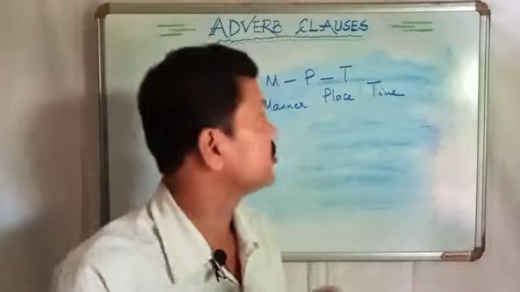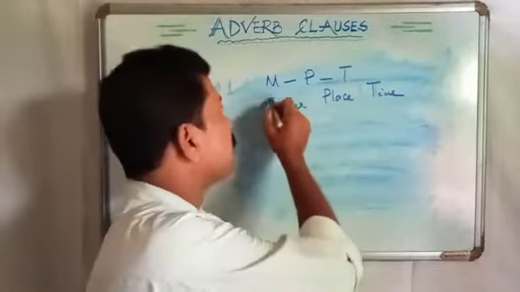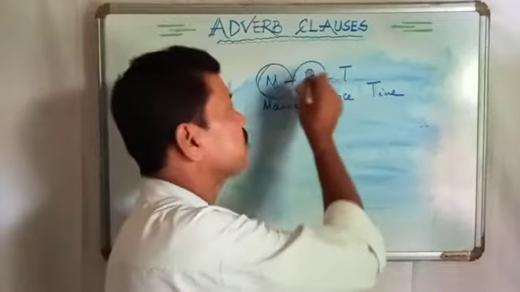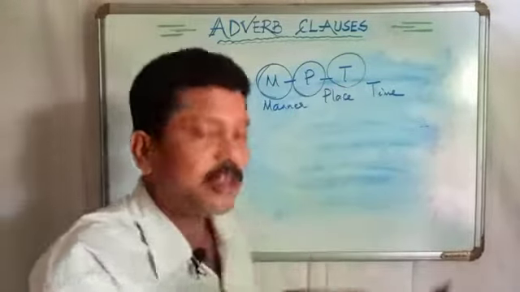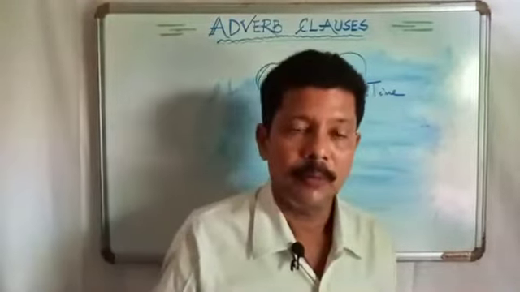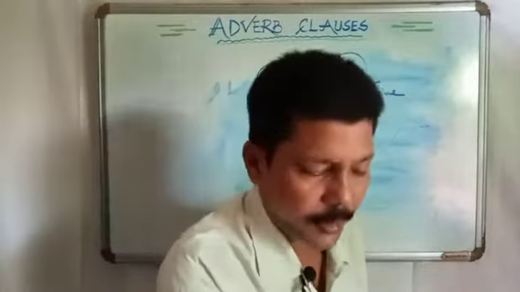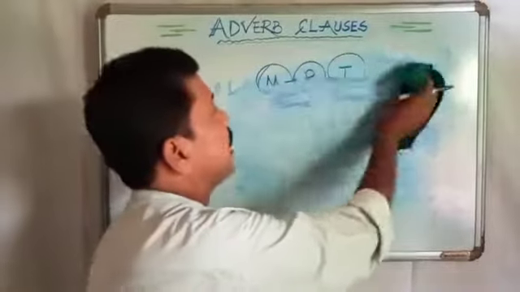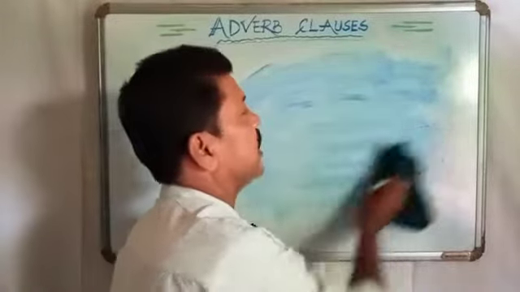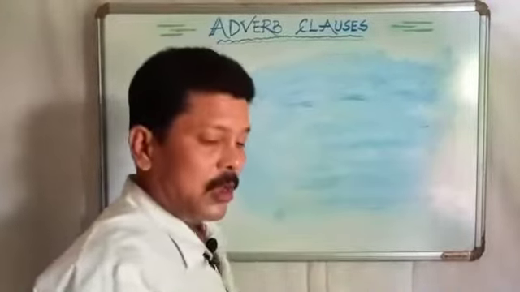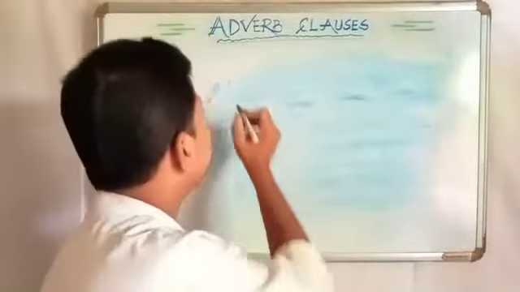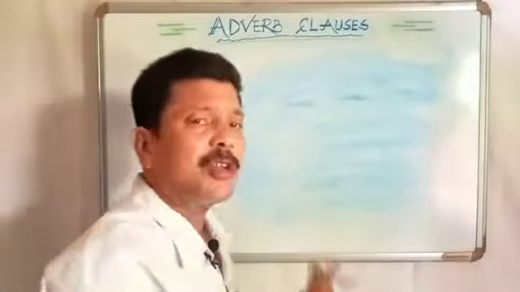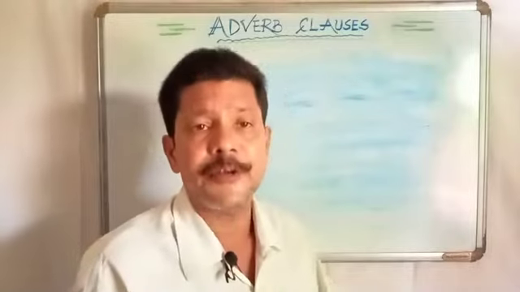If in a sentence manner comes first, then place, then type, that is the pattern of adverb. Now, I will tell you different kinds of adverbs and their classifications.